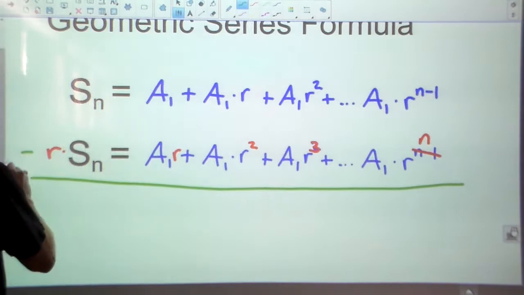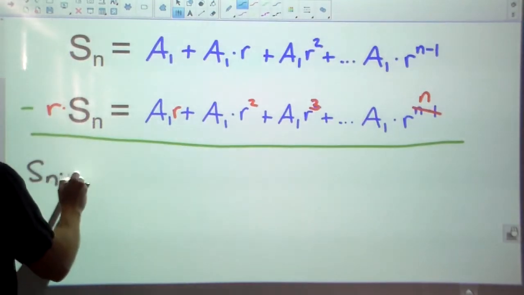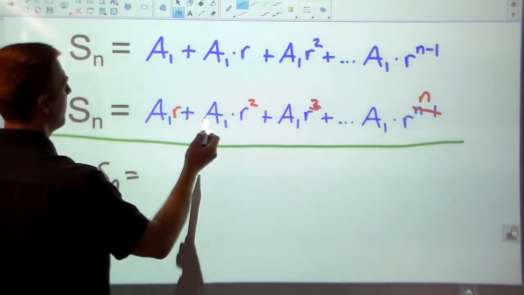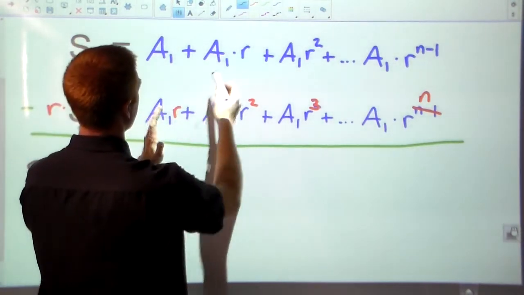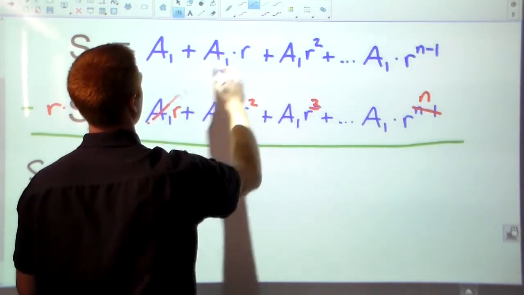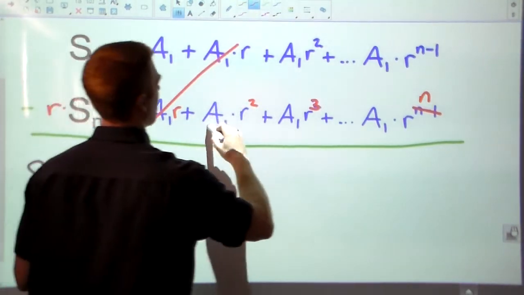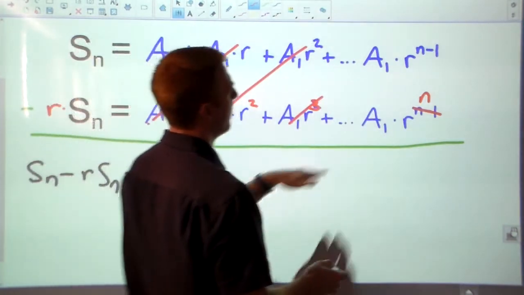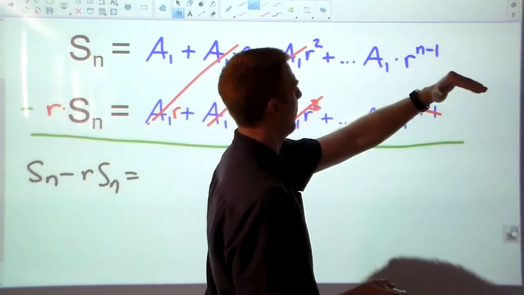So on this side, I'm going to have S sub n minus R S sub n. Over here, everything that's the same is going to subtract out to nothing. So A1 times R, A1 times R squared, R cubed is going to be in there somewhere. And everything got shifted up 1.